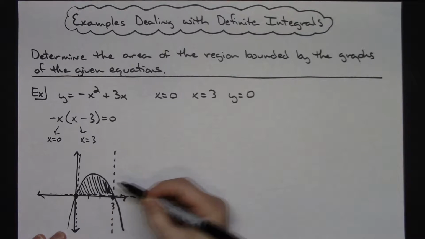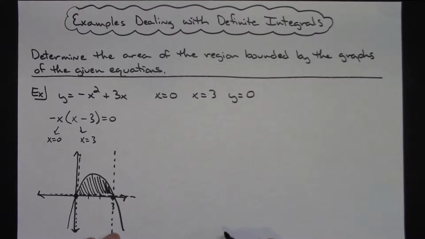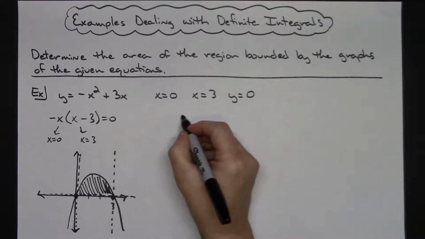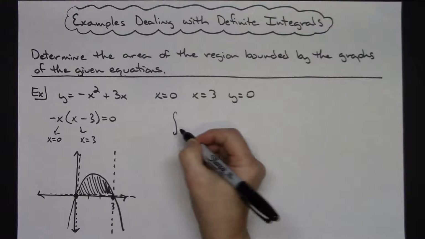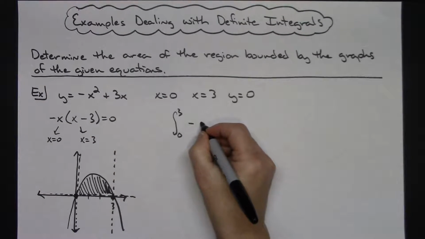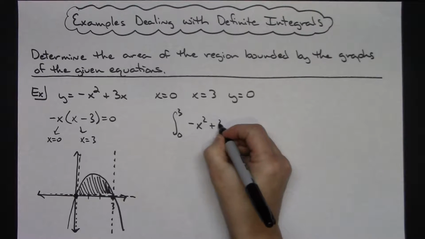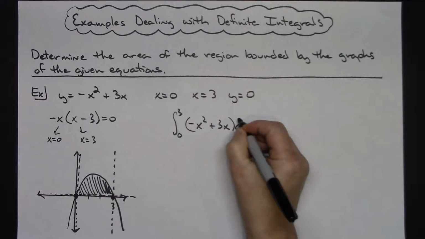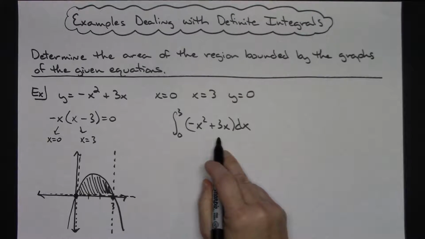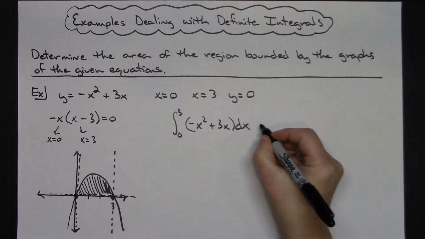This is the part that I'm trying to determine the area of. So we can set up a definite integral here. We're going to integrate from 0 to 3 of our function, negative x squared plus 3x, dx. Nothing other than power rule on this integration, really simple here at the beginning.